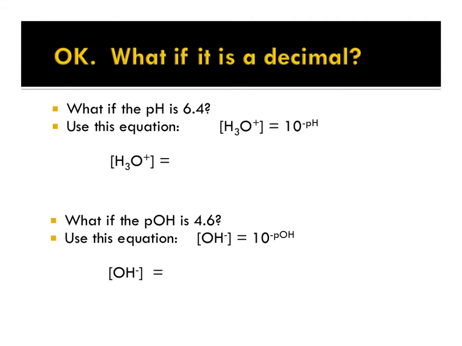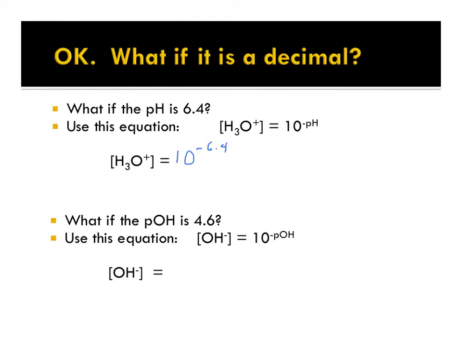Okay, it starts to become a little trickier when we add decimals. So if you notice here, pH is 6.4. It's not 6, it's 6.4. To figure out the concentration, we're going to use the formula 10 to the negative pH. And again, this is all relating to the negative log of these concentrations. So putting it in, we have 10 to the negative 6.4, and you can just type that into your calculator.